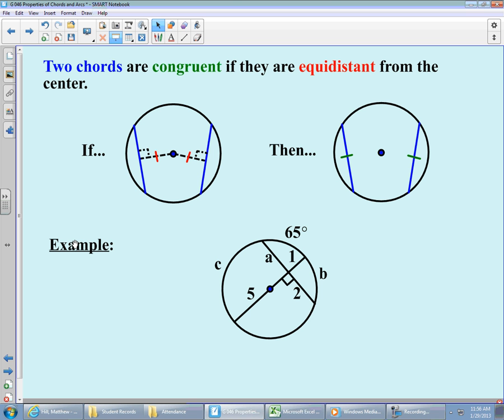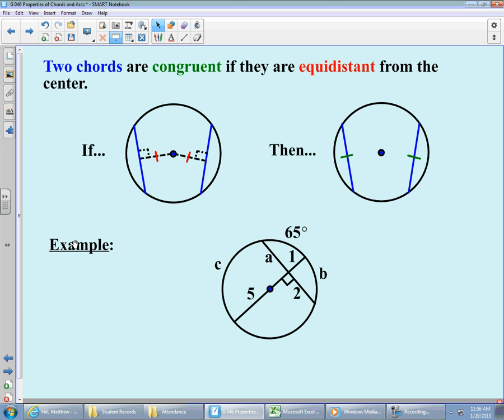It's a good suspicion to have that A is 2, because it looks like the circle is symmetrical on either side of this diameter that's coming through it, and it should be symmetrical. But do we have a property that backs that up? We have a diameter that comes through our circle, and it is perpendicular to a chord. Well, one of our properties just said what happens when a diameter is perpendicular to a chord.